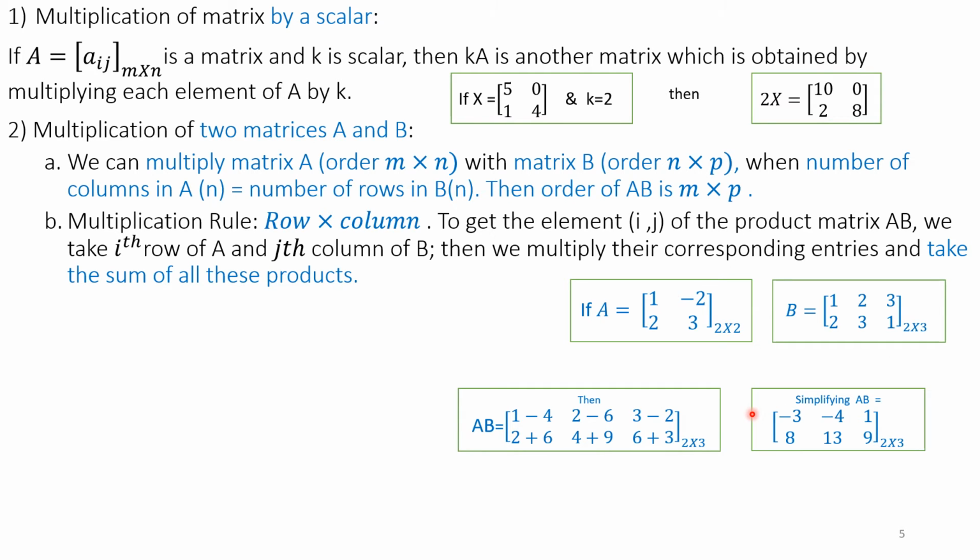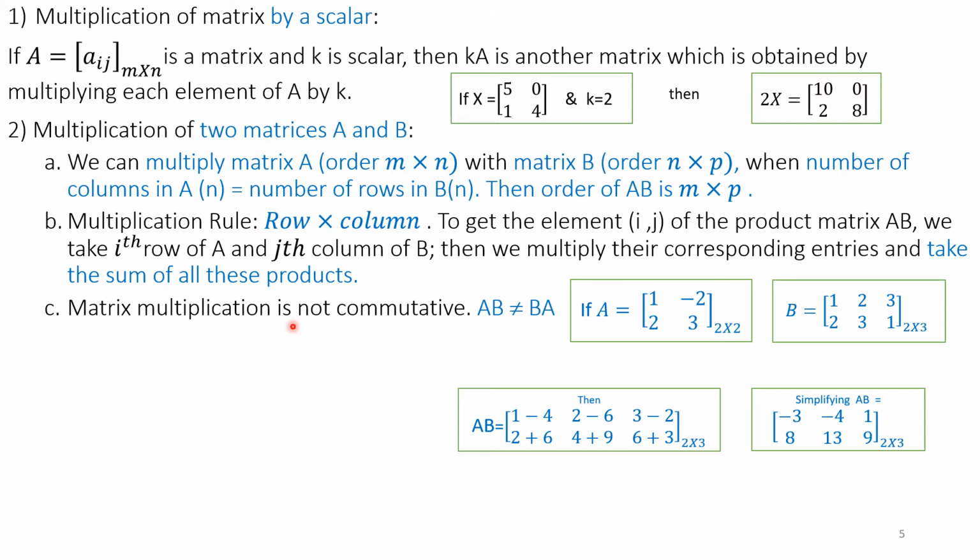Therefore, simplifying, AB is equal to minus 3, minus 4 and 1 in the first row and 8, 13 and 9 are the elements of the second row. This example is a very simplified example. More exercises will be taken up, more numerical problems will be solved in the worked examples.